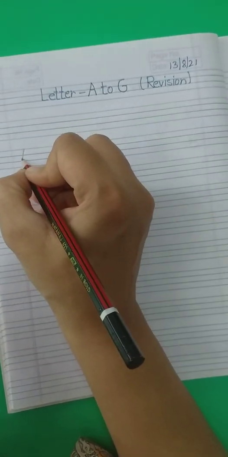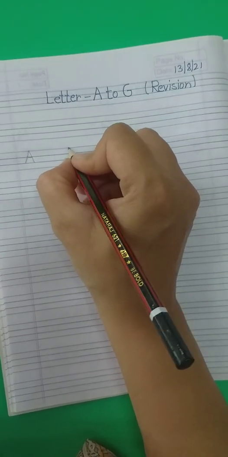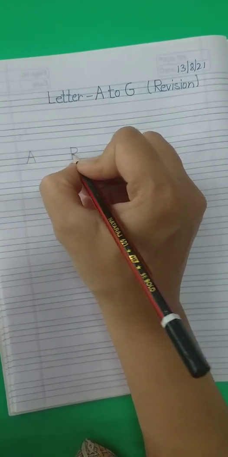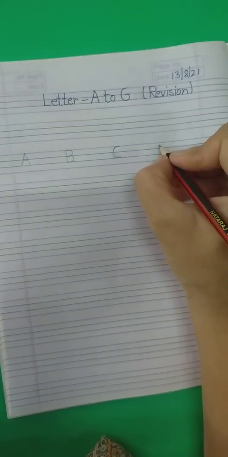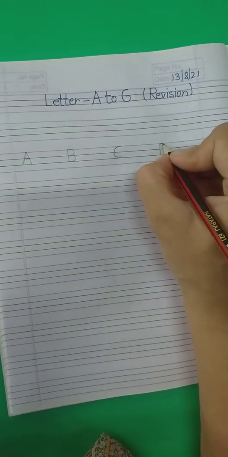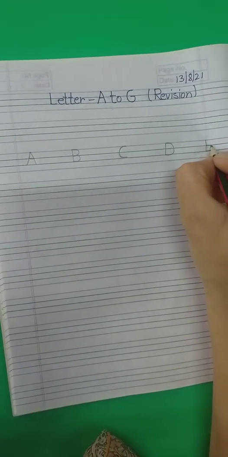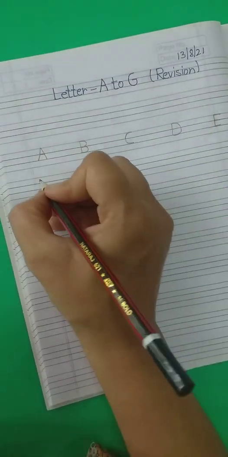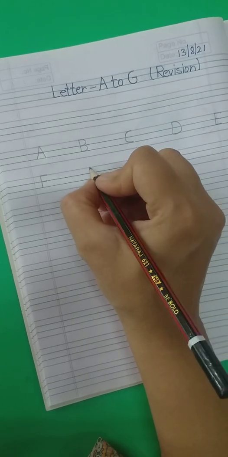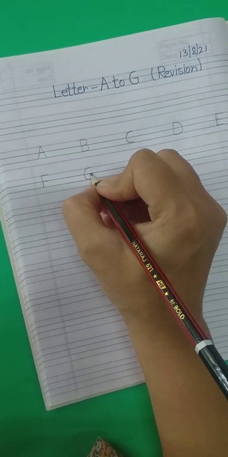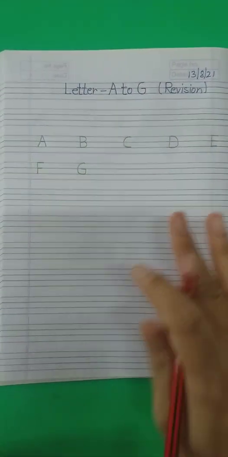Like this, A, you have to write in sequence. B, C, D, E, F and G.